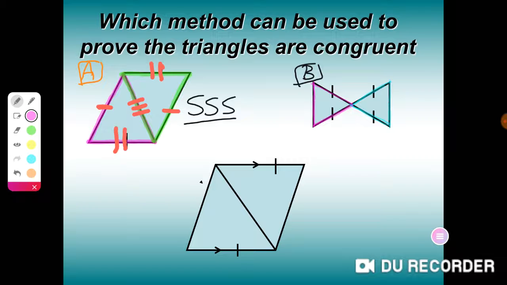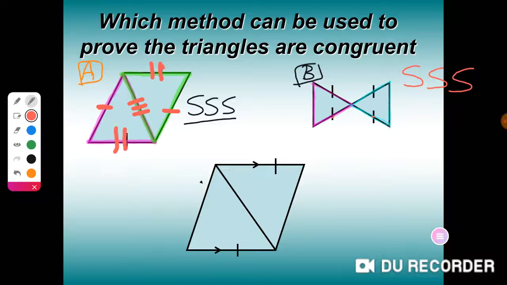We're going to check whether this postulate, side, side, side, helps or does not help. So let's check. I have one side congruent to one side. That's good. I have the second side from the triangle on the right congruent to the second side in the triangle on the left.